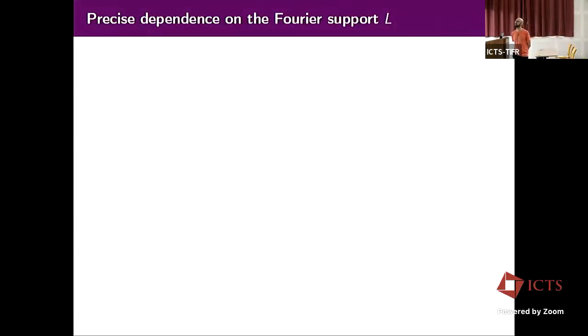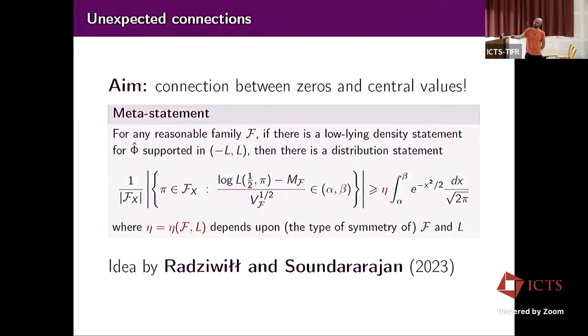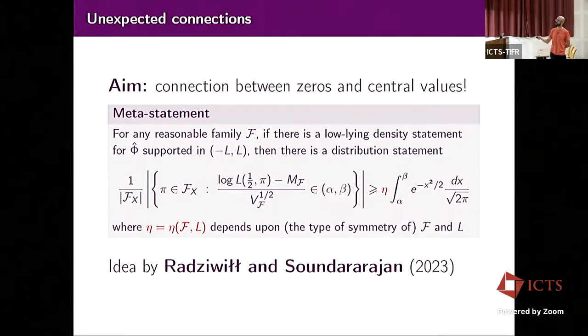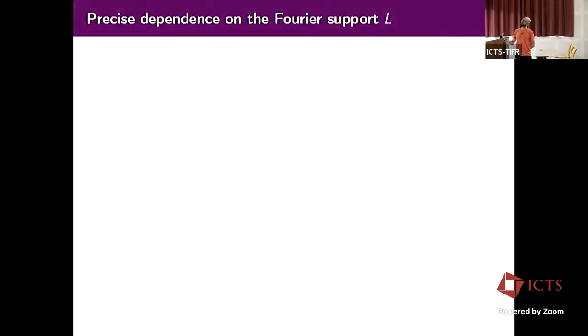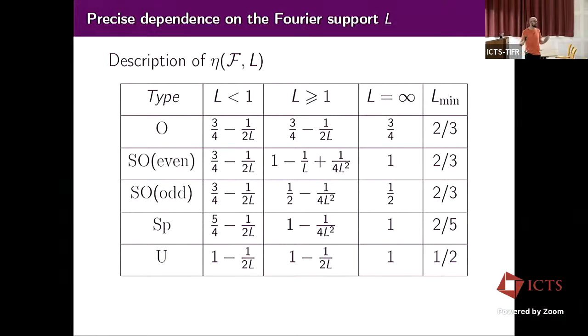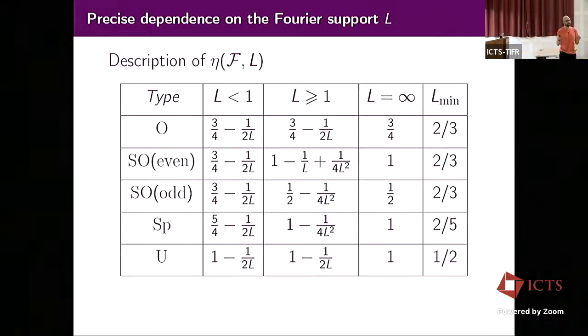Okay, so this eta depends on the family, of course. In fact, it depends on the type of symmetry of the family, the W(G) appearing above, and the support of the Fourier transform of phi. And here's the dependence. So there's just an explicit eta_{F,L}, depending on F and L. We don't care much about the exact formulas for now.